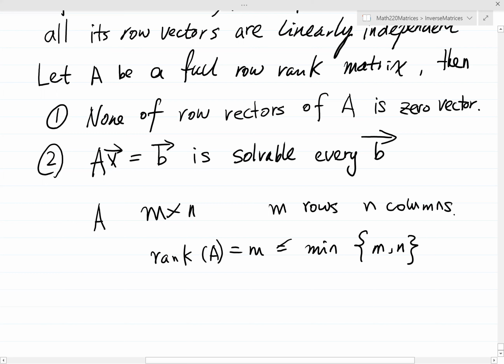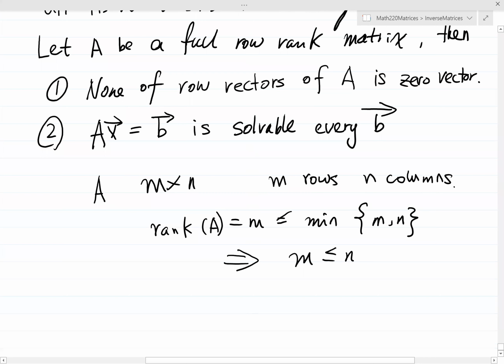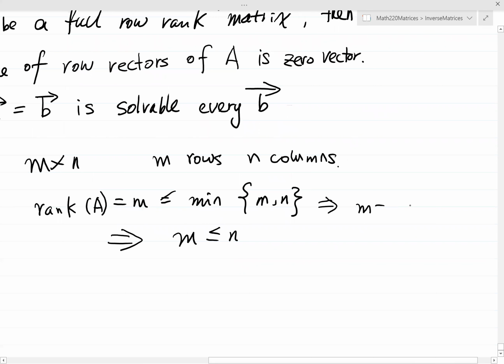So this means m is less than or equal to n. Since the minimum of m and n is greater than or equal to m, we get m equal to the minimum.